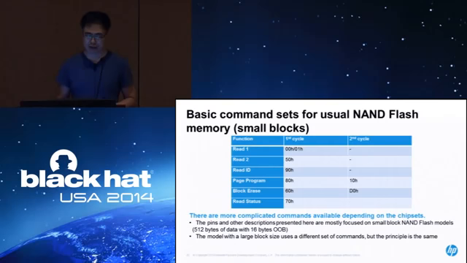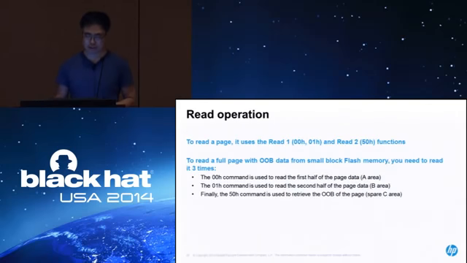For reading the ID, there is 90. Page programming is for writing data to the NAND flash. And with block erase, you can erase a whole block. And so on. According to your own NAND flash brand, maybe they can support some additional special modes. For example, for the read operation, you need the read 1 and read 2 functions.